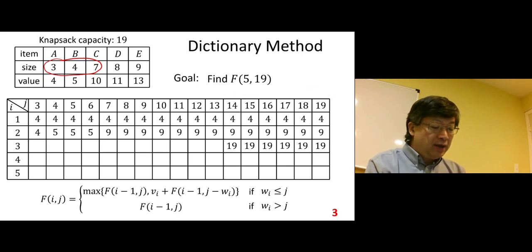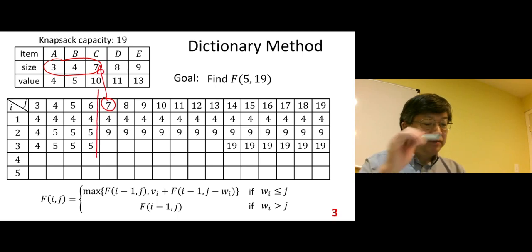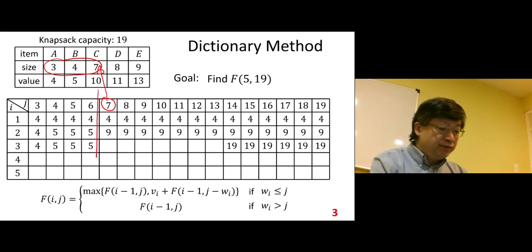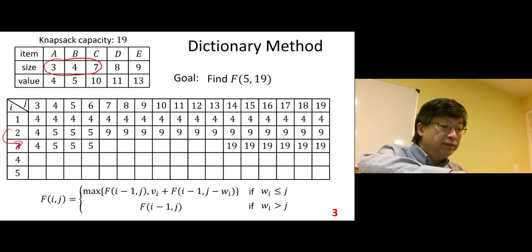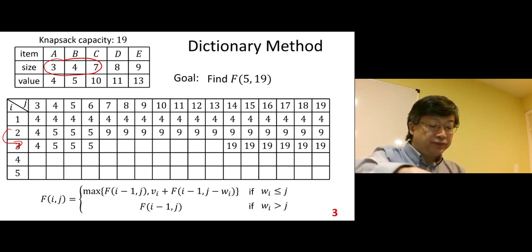For the smaller end, before we use the third item, we just copy from the second row. Okay, so we get that. All right. Now we need to use the third item.